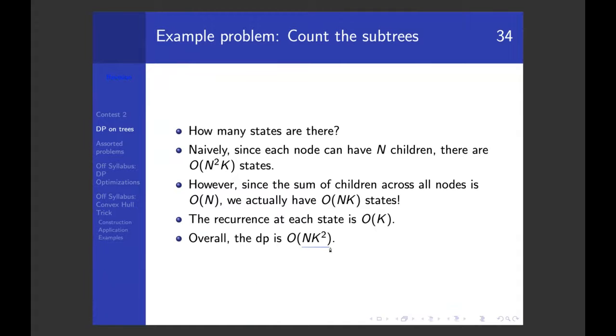That means we've got an n squared DP: nk states, k recurrence at each state, order nk squared. For the problem, this is 1,000 times 100 times 100, 10 million. We have a solution that passes for the bounds in the problem.